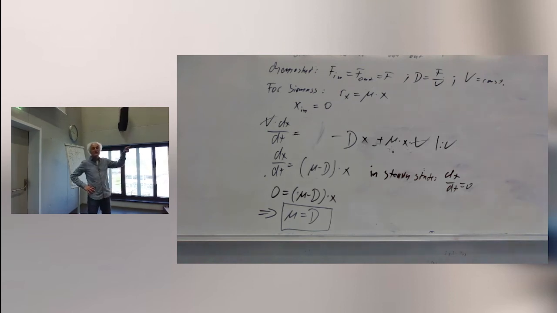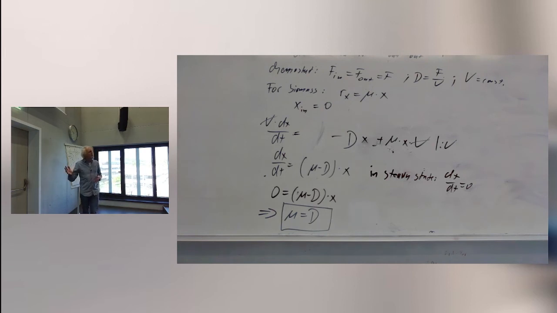They have to adapt and they will come up at the next steady state. But as long as I don't change the dilution rate, as soon as I have achieved a steady state, they have to grow with the same specific growth rate as the dilution rate.